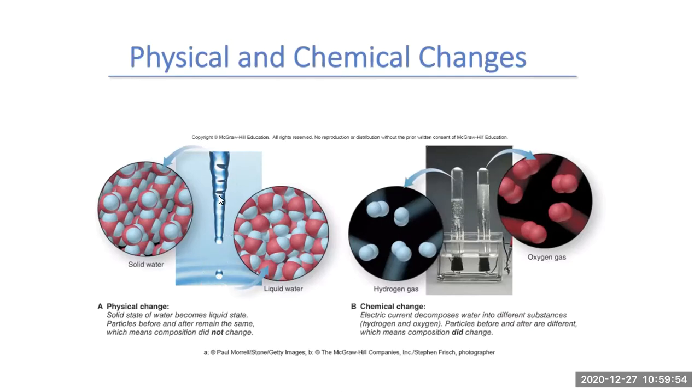And it's going to change from a solid into a liquid. A chemical change, however, is if we run an electric current through water, we can start to decompose it. You can turn water from H2O into just oxygen and hydrogen. So you're actually changing the chemical structure of it and creating a new substance. That would be a chemical change.